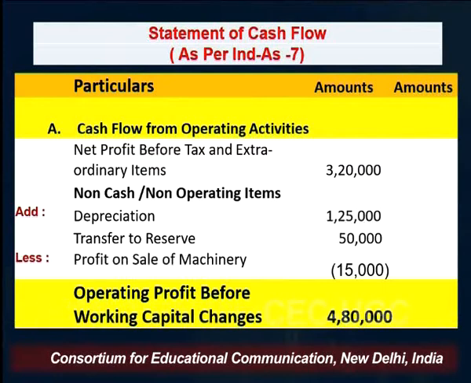After adding and subtracting, we found an amount of rupees 4,80,000, which is being called operating profit before working capital changes. Now at this step, I'll take a pause and let you know that the operating activity requires significant attention, because this is the point where most of the learners commit mistakes.